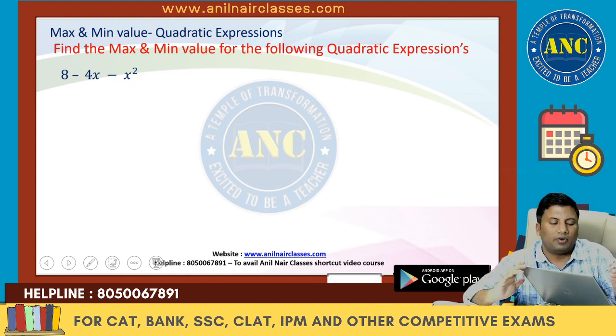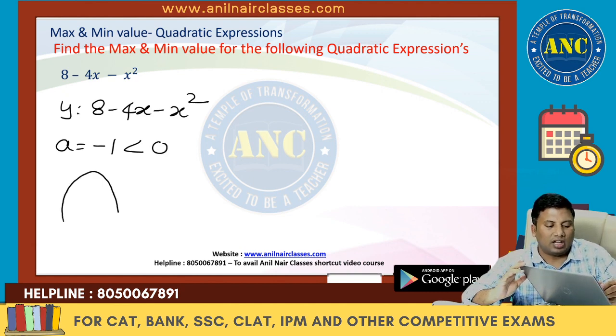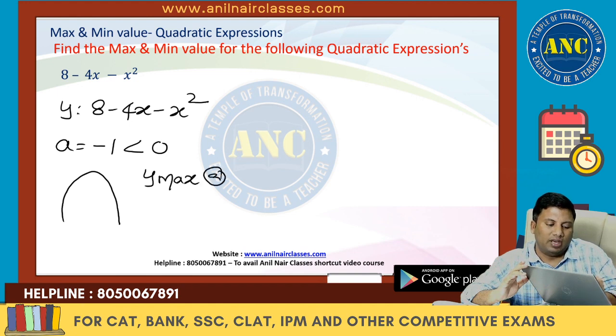Right? Now, y is nothing but 8 minus 4x minus x square. A is nothing but minus 1, less than 0. The graph will be like this. So y maximum will be at x equivalent to minus b by 2a.